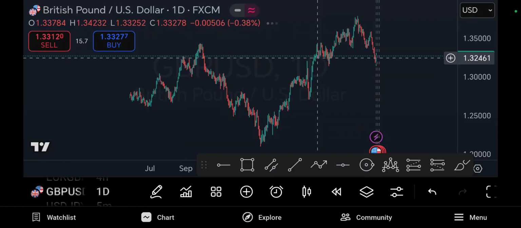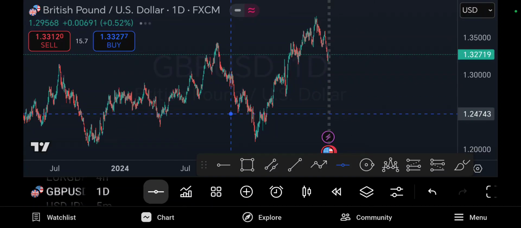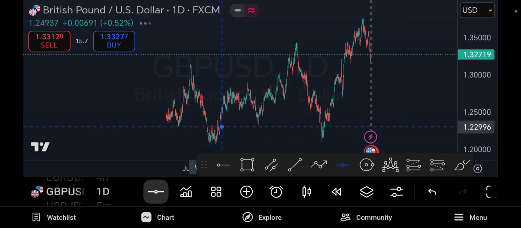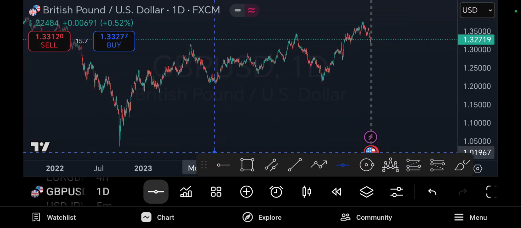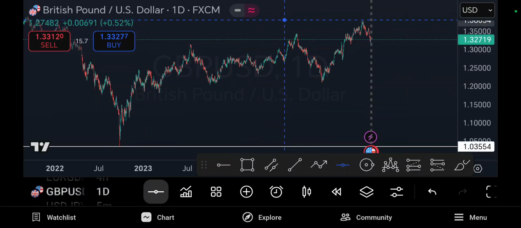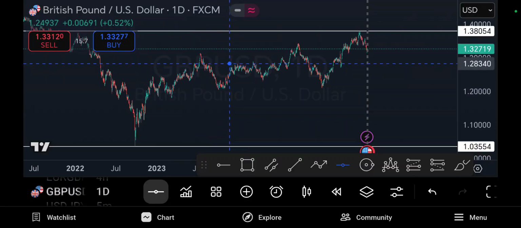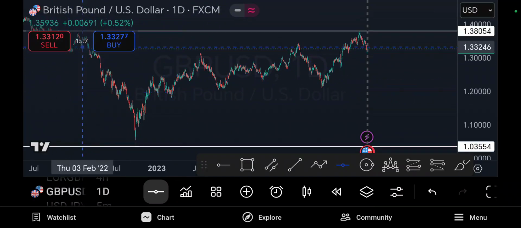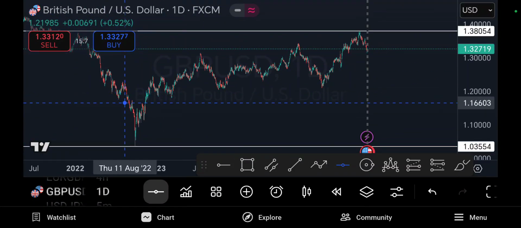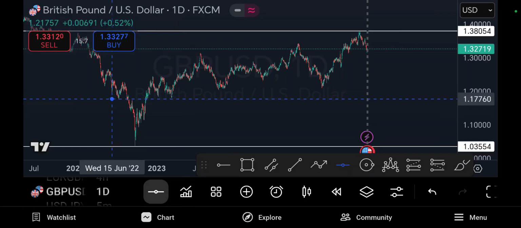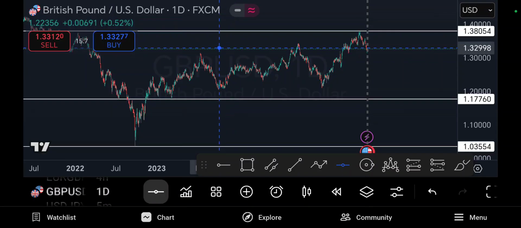GBP USD, same movement. We use price action. We mark out our high and low, right? Since there is not much on the left, we could say it's almost like the current market structure.